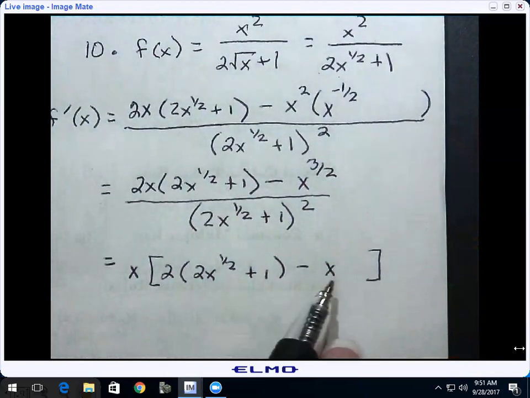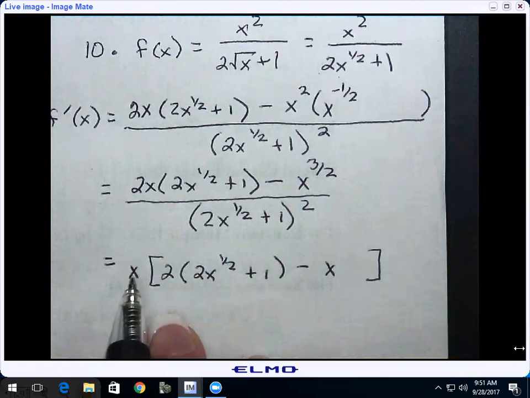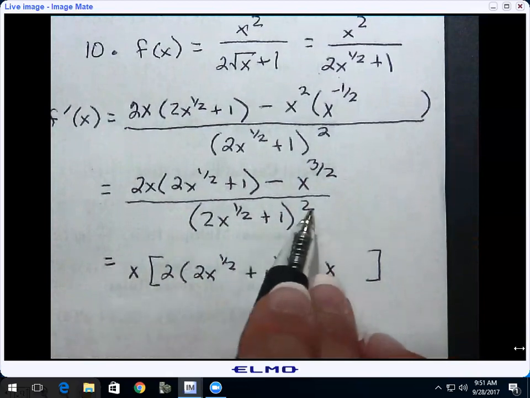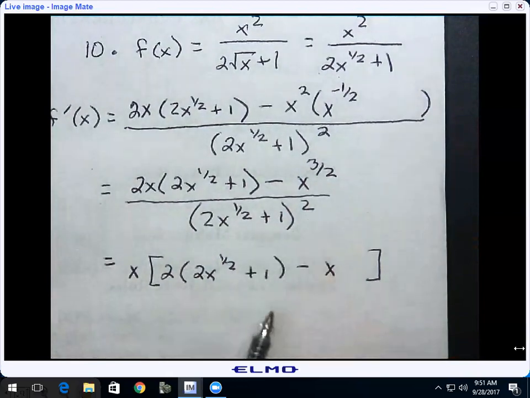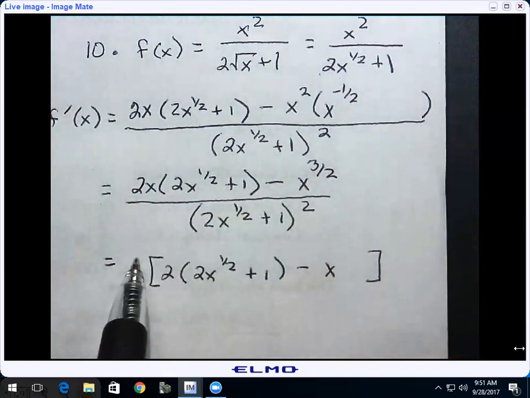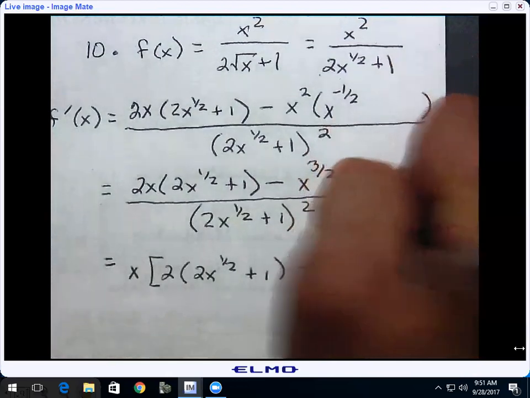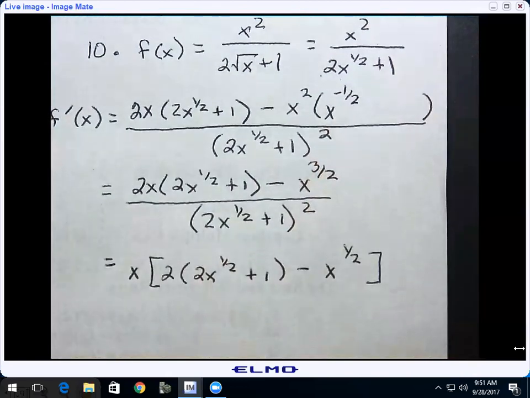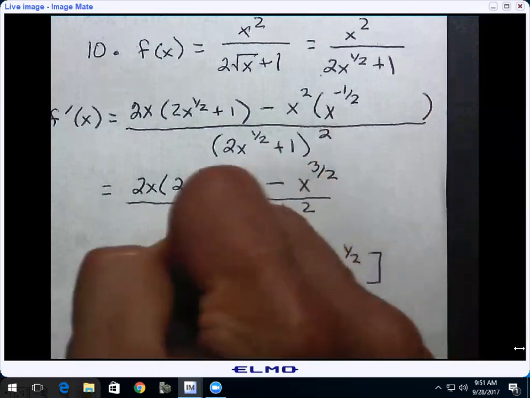What exponent is left here if I factor out an x from an x to the 3/2? Just say 3/2 minus 2/2 is 1/2. And don't forget your denominator.